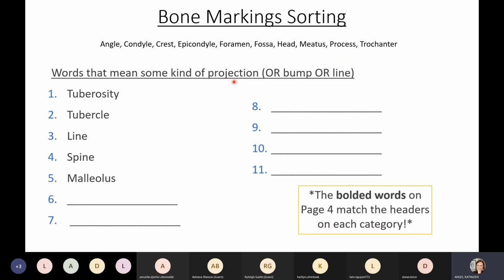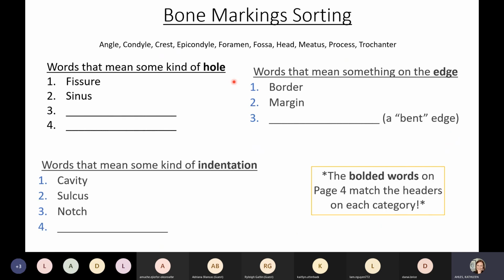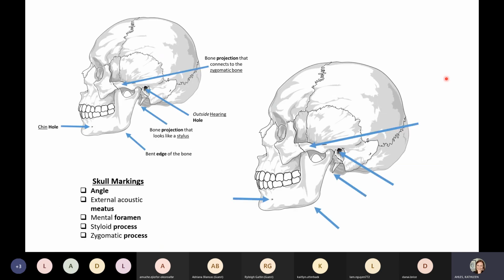So keep in mind, I'm going to go through and we'll do the femur together. When I'm looking at each of the fancy bone marking words, I just want to figure out by the end of this activity, does it mean a hole? Does it mean an indentation? Does it mean something that's on the edge? Or does it mean something that sticks out? So let's go back here.